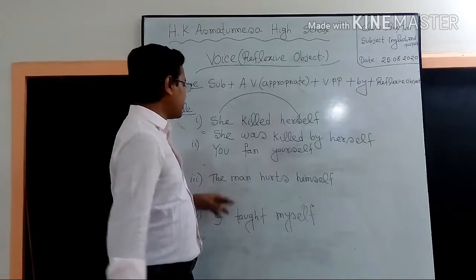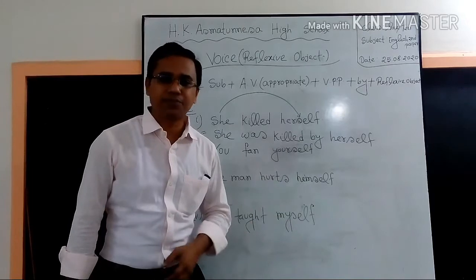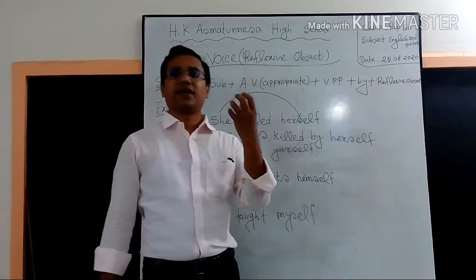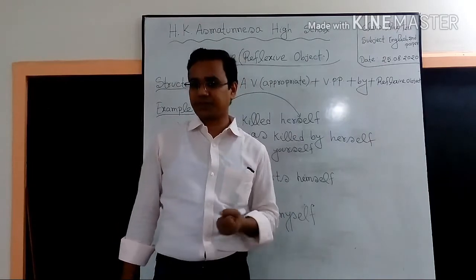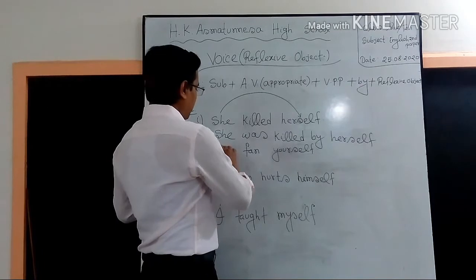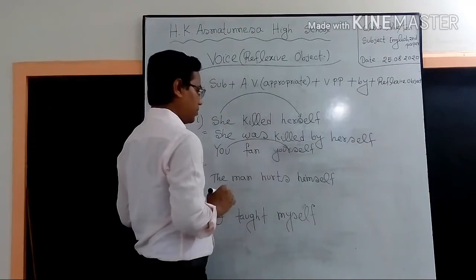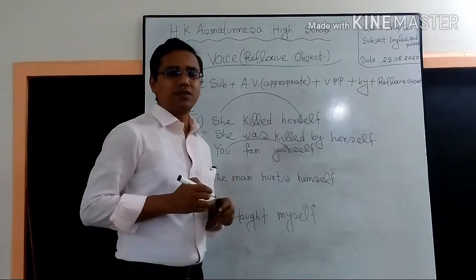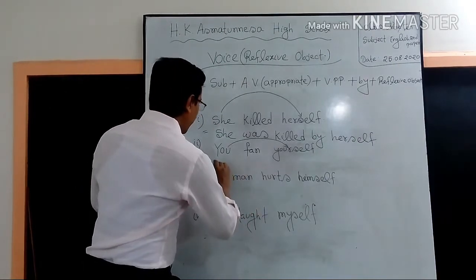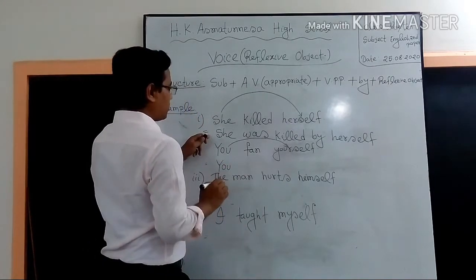The next sentence is: you fan yourself. This is another example of a sentence that has a reflexive object. In this sentence, the subject reflects the object. You and yourself are the same person. We will write following the previous sentence.